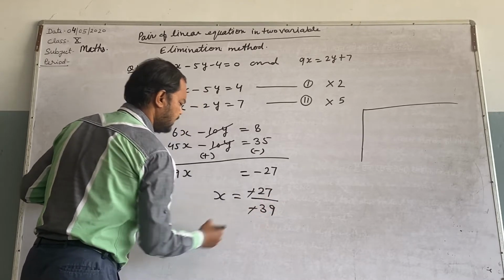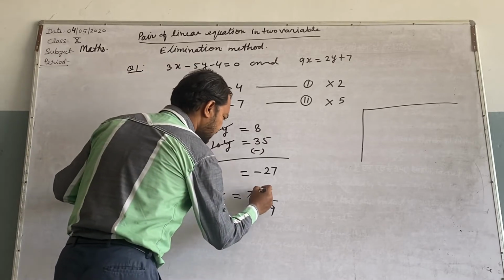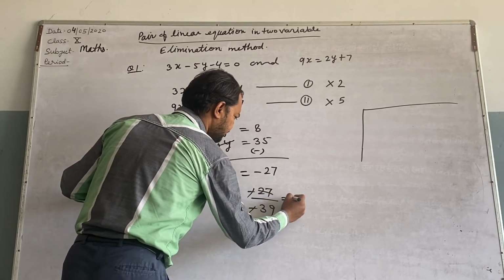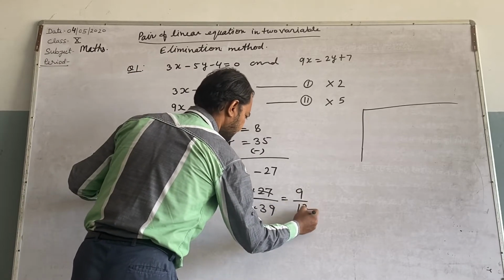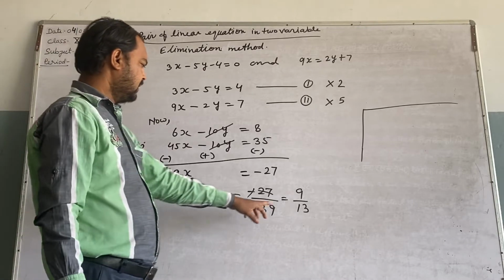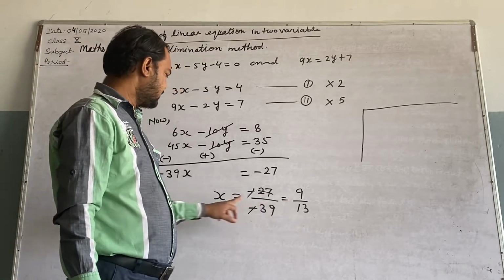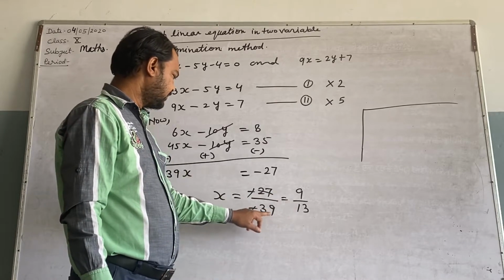The minus signs are cancelled out. Now 3 nines are 27, 3 thirteens are 39. So x equal to 9 upon 13.